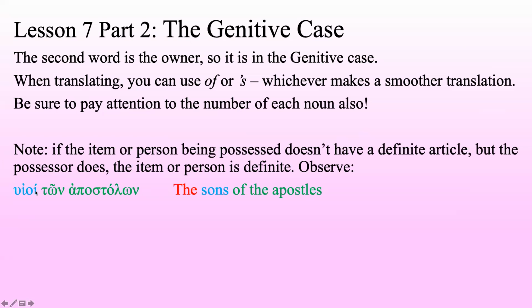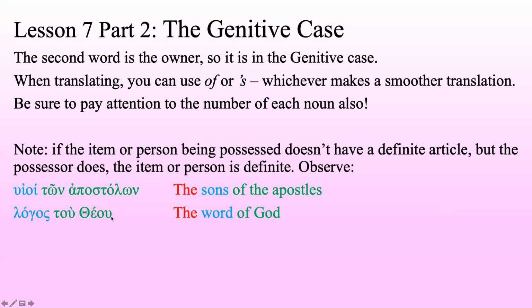We see sons actually doesn't have a "the," but because it's the sons of the apostles, we know they're specific sons. They're not just some general generic boys out there somewhere. We're talking about specific sons because it's sons of the apostles. So we're going to go ahead and throw a "the" in there most of the time, unless for some reason we really don't need it in English, but generally the rule of thumb is to go ahead and add in the "the" there.